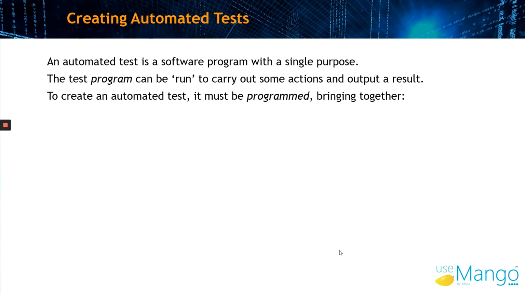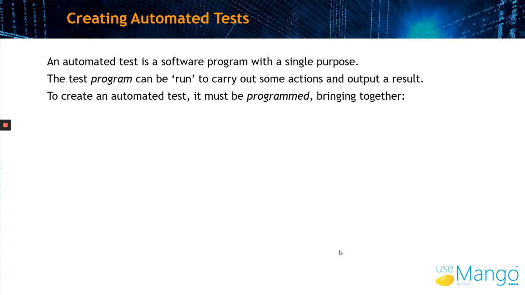So when we talk about automated tests, a test is a software program normally written to validate and verify different features of the given application or product. When you're running a test, the program is carrying out a set of actions and providing the results of your actions. Traditionally, this means you have to program the test, and it requires some level of programming and technical knowledge.